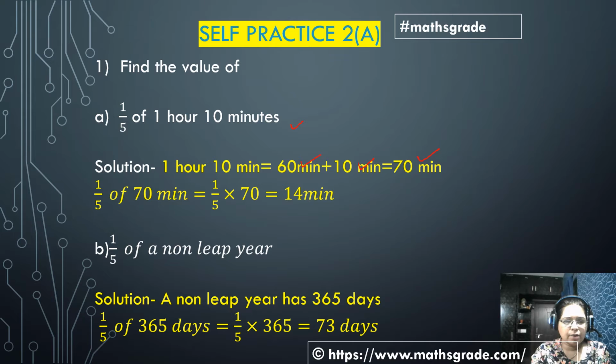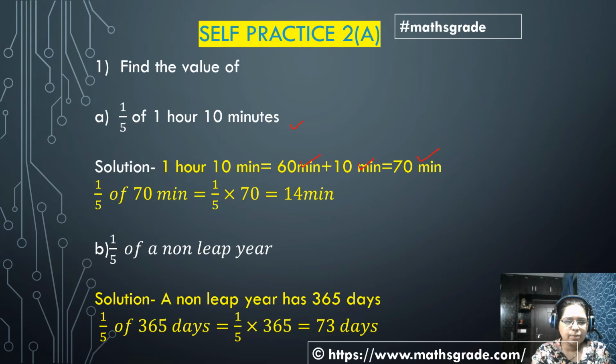Then we have to find the value of 1/5 of 1 hour 10 minutes, which is 1/5 of 70 minutes. Of means multiplication.